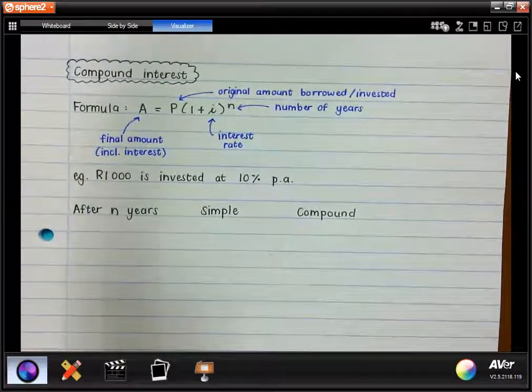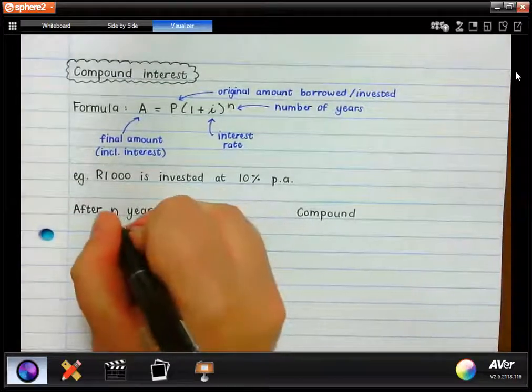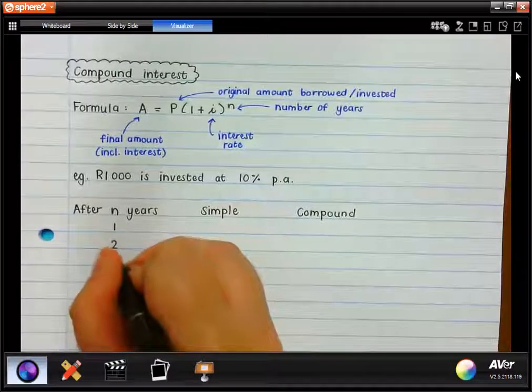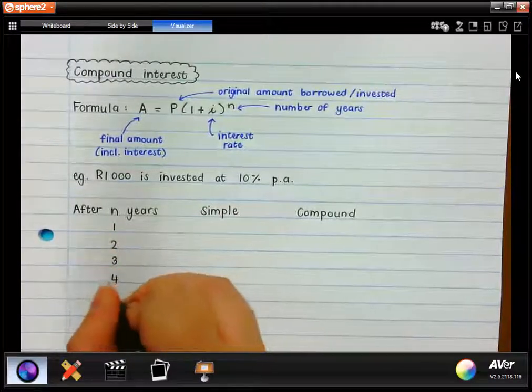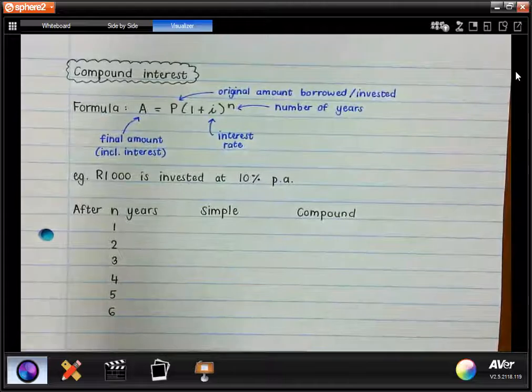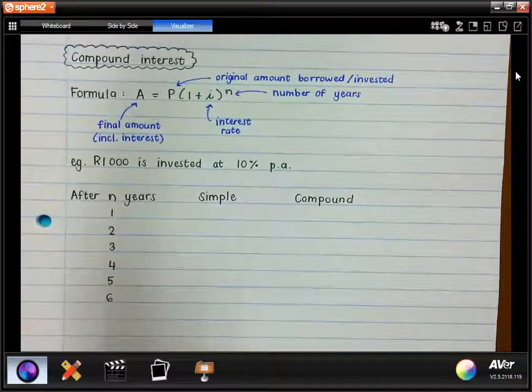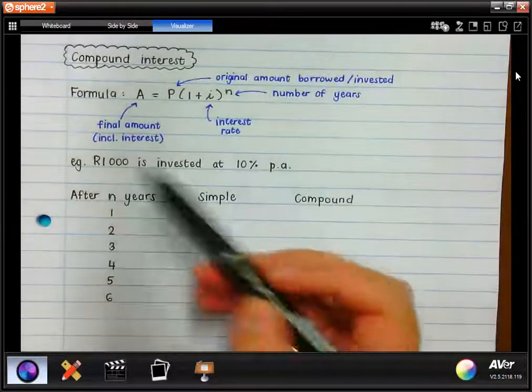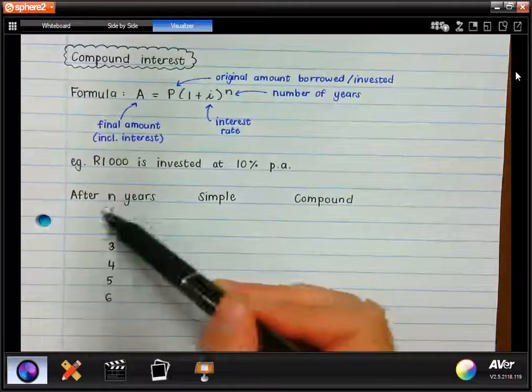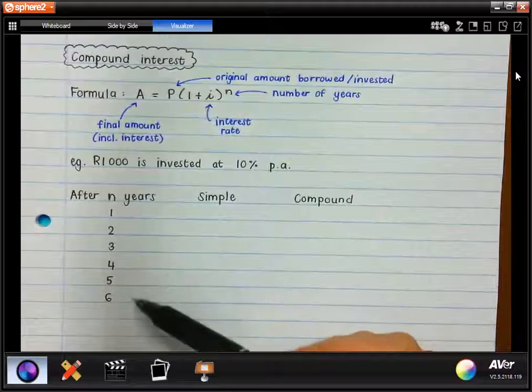Yeah, I'll explain that now. Those are the headings for the table. So guys, if I'm putting 1, 2, 3, 4, 5, 6 here, that's after 1 year, after 2 years, after 3, 4, 5, and 6 years.